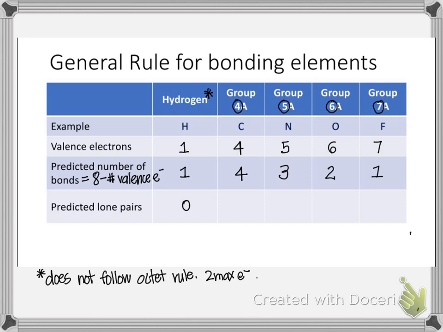Now, underneath the predicted lone pairs, I want to just draw something that might help some of you. So I'm going to put the letter C for carbon. And remember that each bond I can draw as a line. Now, in this example, I'm not really worried what it's bonded to. It could be a hydrogen, it could be something else.